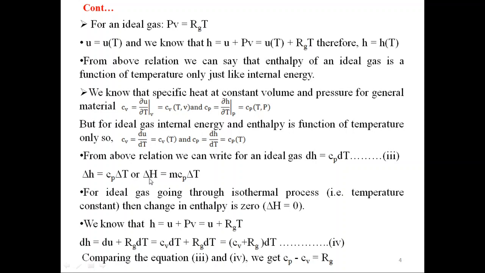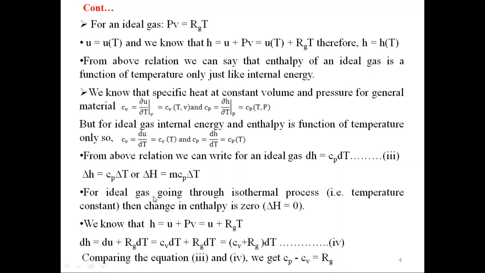Or we can say uppercase delta H, where capital H represents enthalpy and small h represents specific enthalpy, is equal to mass times specific heat at constant pressure times uppercase delta T. So this equation is again valid only for an ideal gas.